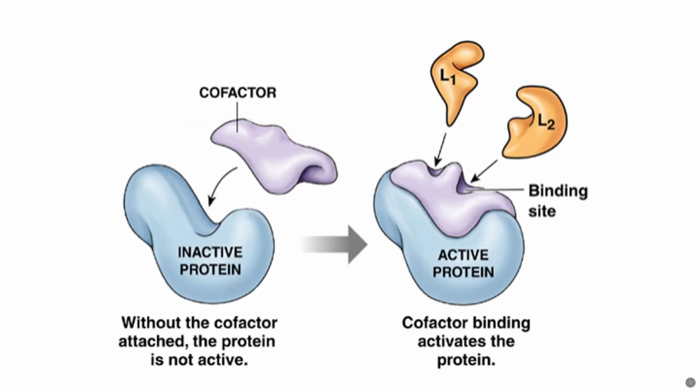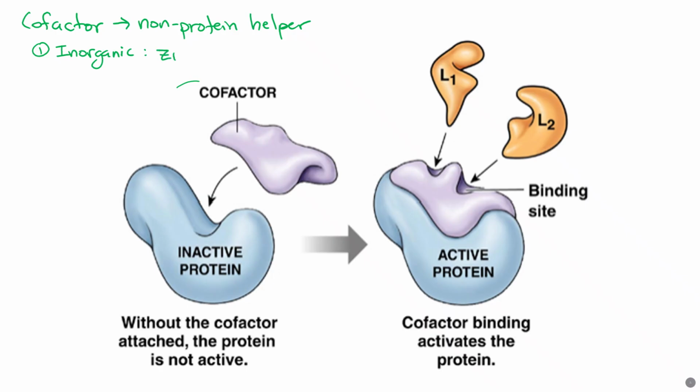We are going to be talking about special classes of enzymes. The first one requires something called a cofactor. The cofactor is defined as a non-protein helper. There are two types. The first one is considered to be inorganic, and the examples would be your zinc, your iron.